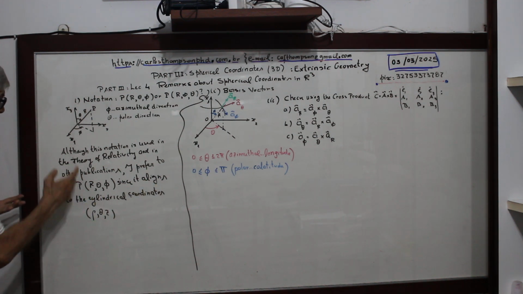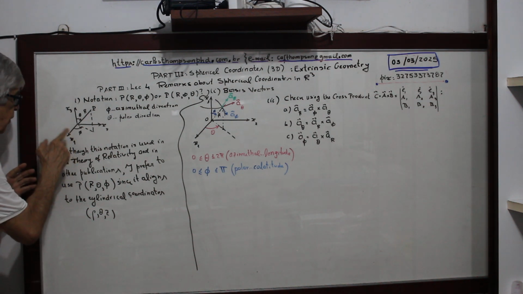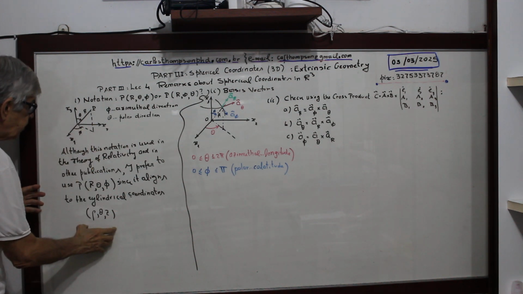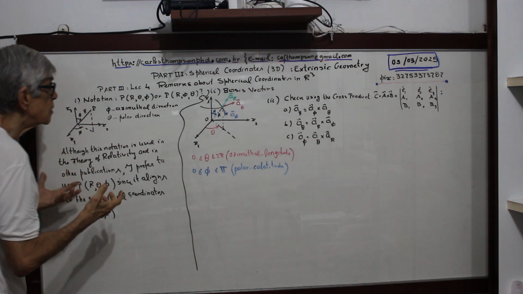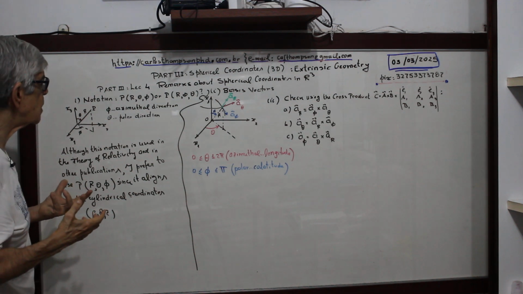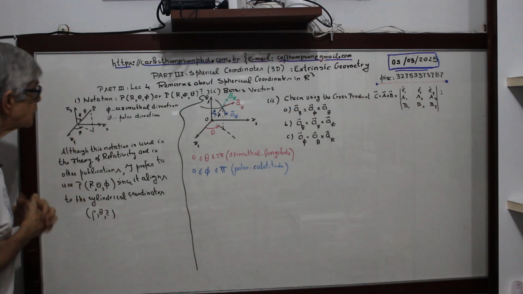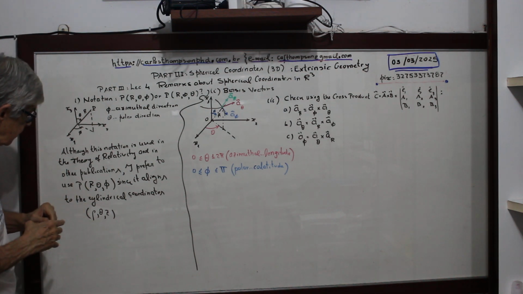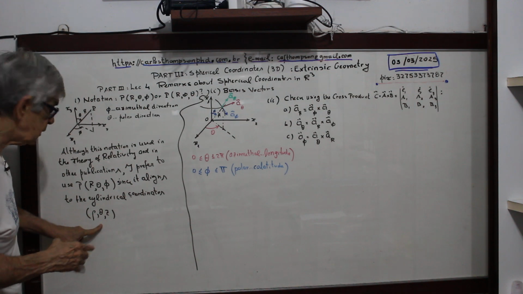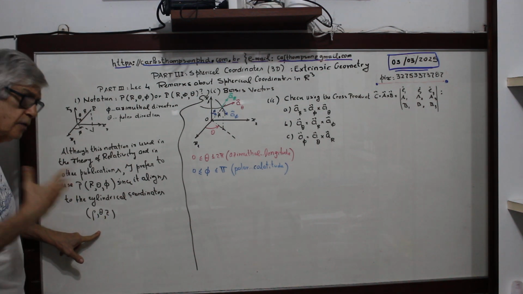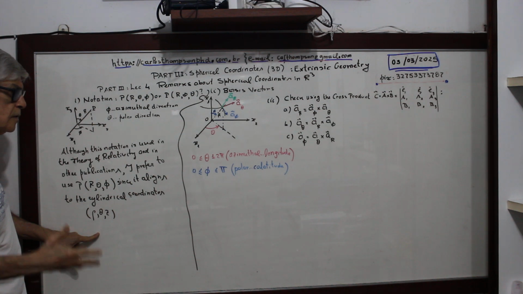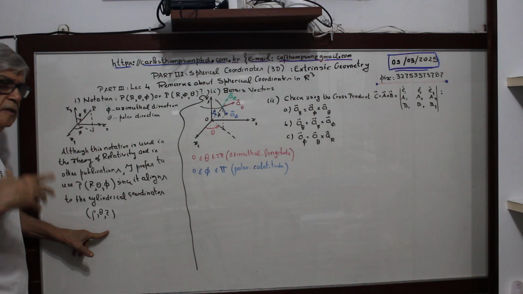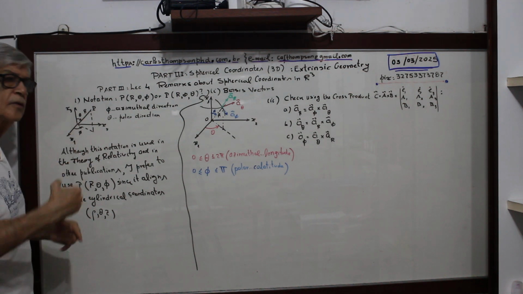If I use theta and phi here, this theta aligns with what you did in lecture 2 for cylindrical coordinates. In cylindrical coordinates, you use rho, theta, and z. Theta is the same in cylindrical coordinates and spherical coordinates. Z is the same in cylindrical coordinates and Cartesian coordinates.